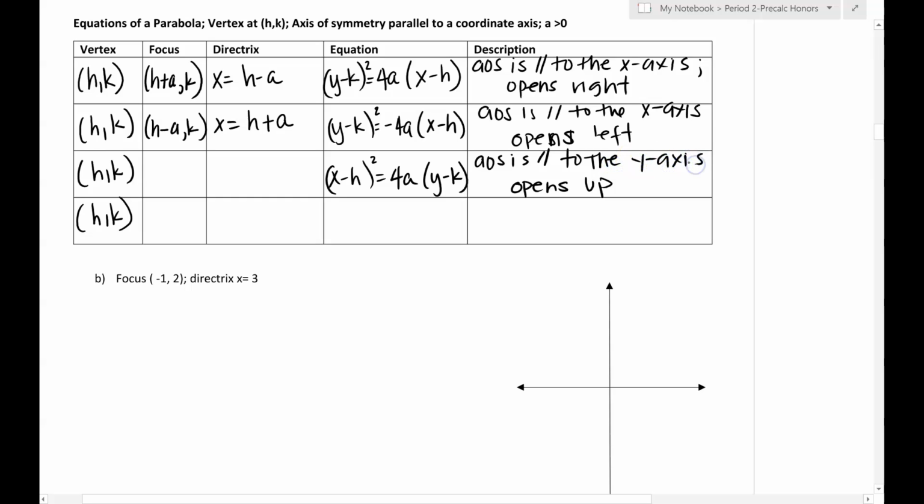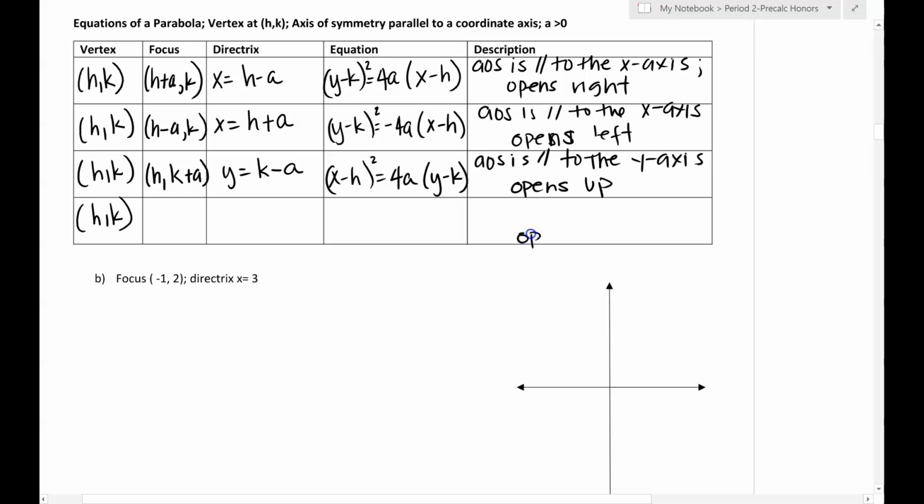Okay, and again, make sure you guys define the vocabulary above on the prior page before copying this down. And try example number 1. Now your focus will be h, k plus a. And the directrix will be y equals k minus a.